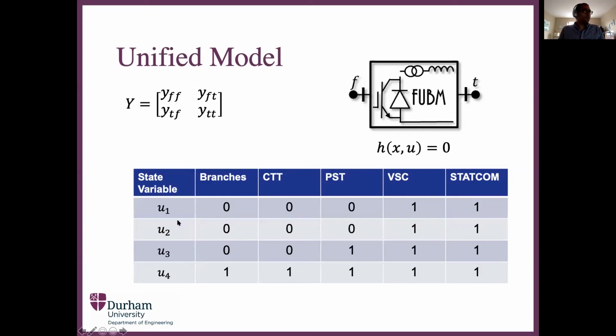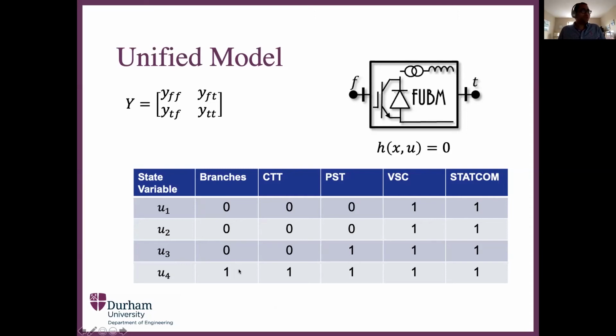But the point here is that you do have access to different control variables, okay? So for example, if you need to model a normal AC branch, most of the control variables are inactive. They're either 0 or just constant parameters in your formulation.